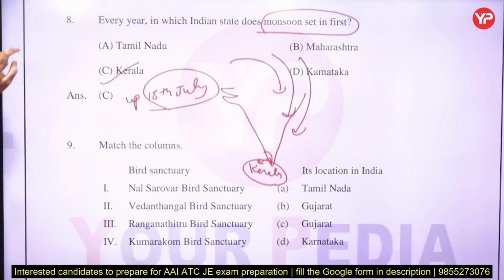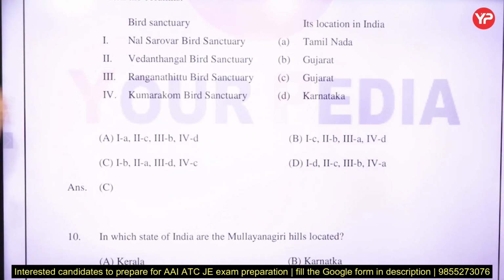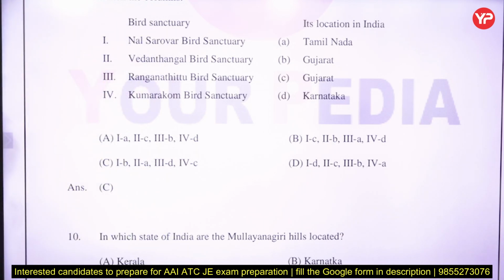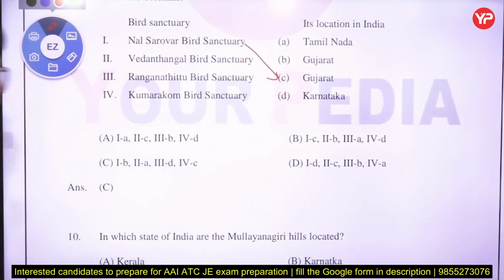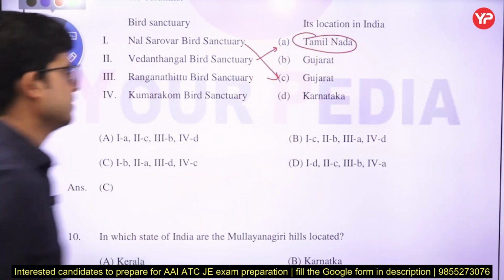Okay, so next question. Now the question is related to bird sanctuaries and their location. If we see here, Nal Sarovar Bird Sanctuary is in Gujarat, and Vedanthangal Bird Sanctuary is in Tamil Nadu, as the name suggests.